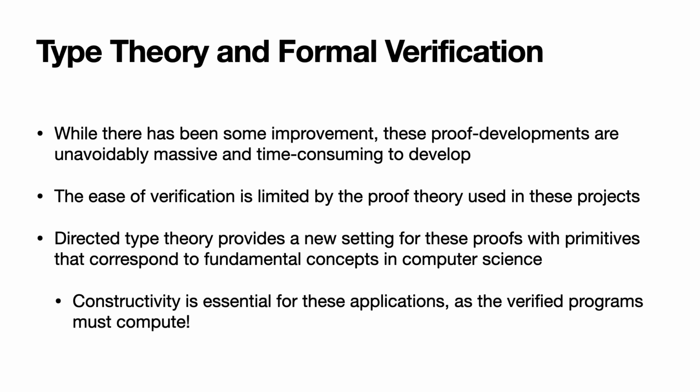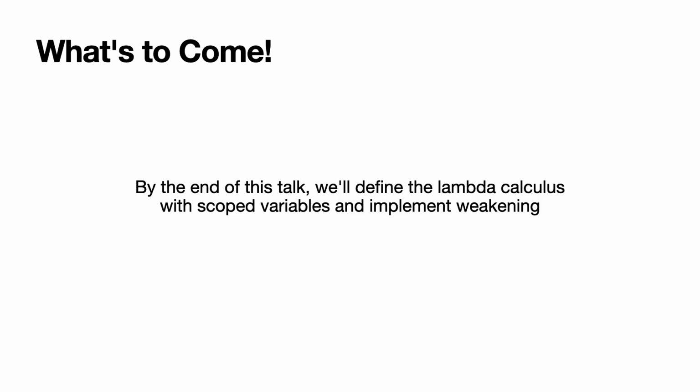And while that's great, not only do we need directed type theory potentially, but we need a constructive theory. As for these applications, we don't only need to write the proofs, but we need the programs we write to compute. And so, in this talk, I'm eventually going to look at how to define the untyped lambda calculus with scoped variables and define how to weaken terms and introduce one new variable in scope.